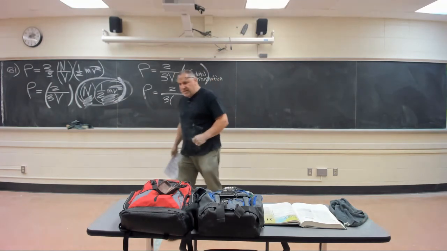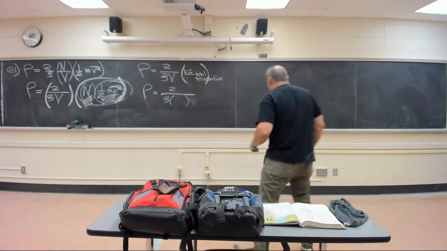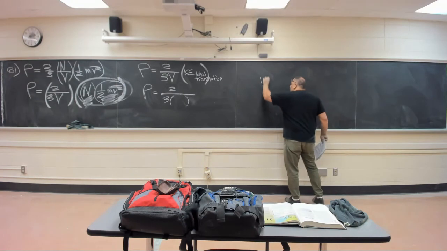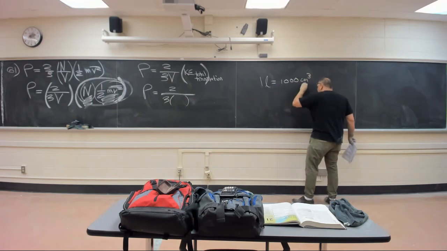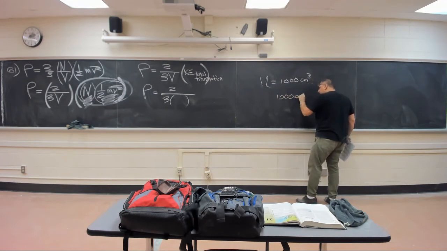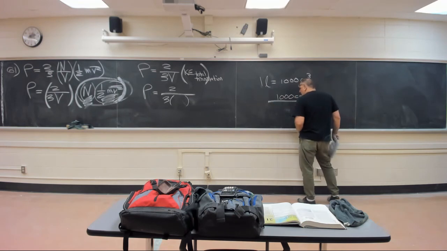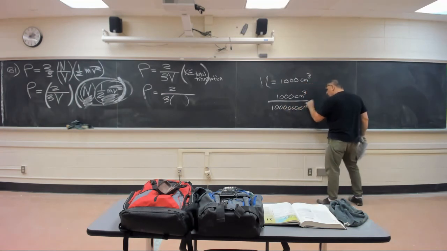Yeah, 10 liters. 1 liter is 1,000 milliliters, and every milliliter is 1 cubic centimeter. 1,000 cubic centimeters is a liter, and there's 1,000,000 cubic centimeters in a cubic meter.